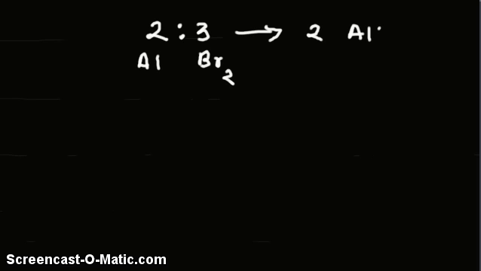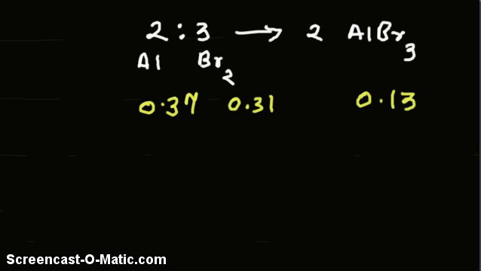Now the theoretical ratio is 2:3, 2 aluminum plus 3 bromine, giving 2 AlBr3, and actual we have got moles of aluminum as 0.37, then 0.31 and 0.13 moles actual.